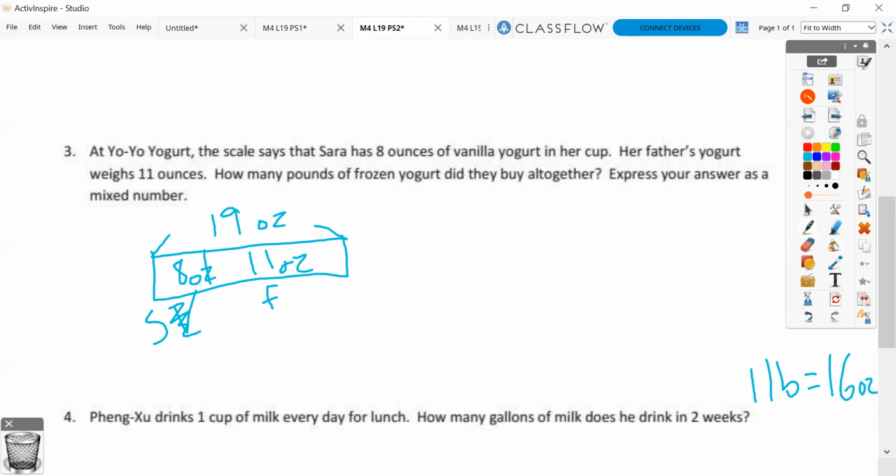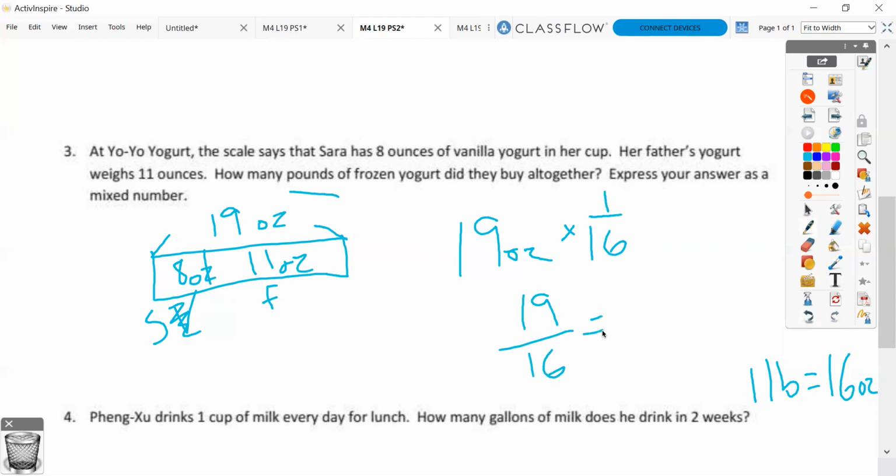Okay, so now I know how many ounces of yogurt they have, but now we need to convert it to pounds because it's asking for it in pounds. Well, I know I have 19 ounces, and I know that I need 16 of those ounces to make one pound. So I multiply it by 1/16 to be able to show how many parts I have, and then that would become 19/16.